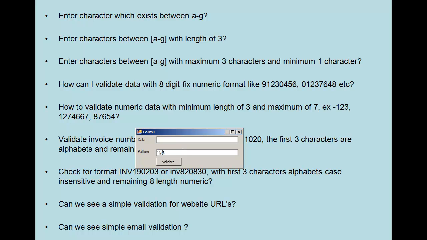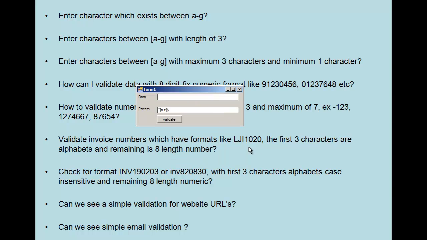If you see the question, the first 3 characters are alphabets. So I am saying A to Z of length 3, and after that 0 to 9 of length 8. So if I type now here INV 1, 2, 3, 4, 5, 6, 7, 8, this will be true.